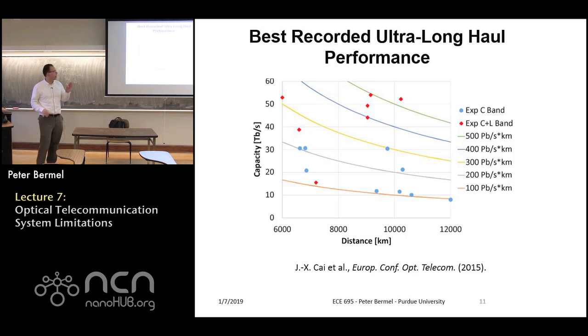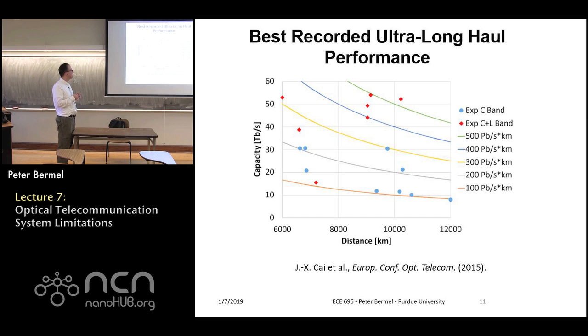And so the last slide for today I wanted to show you is that a lot of these challenges can be overcome. So you don't have to just give up because these things are happening. In fact, if you look at this experiment, this was from a few years ago, but this was basically trying to look at what happens for a transatlantic cable, like how much capacity can you get.